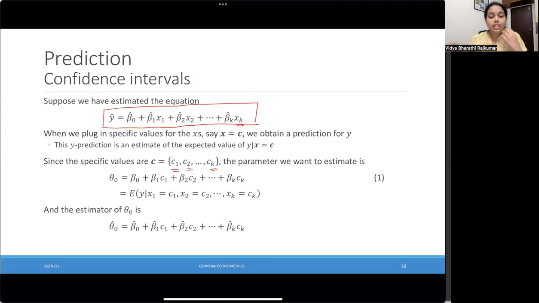So we say that for observations that have their regressors taking on these specific values, the average value of y predicted in the regression is given by y hat.